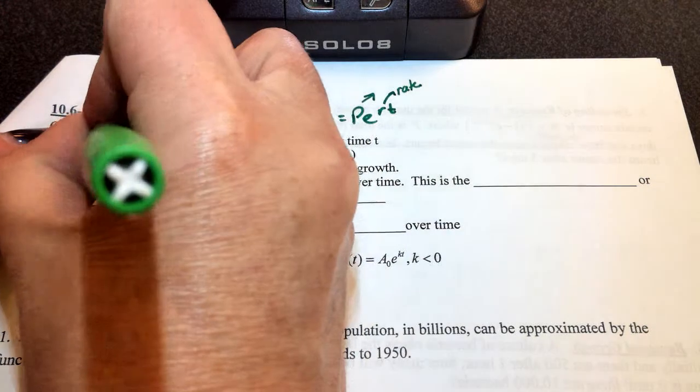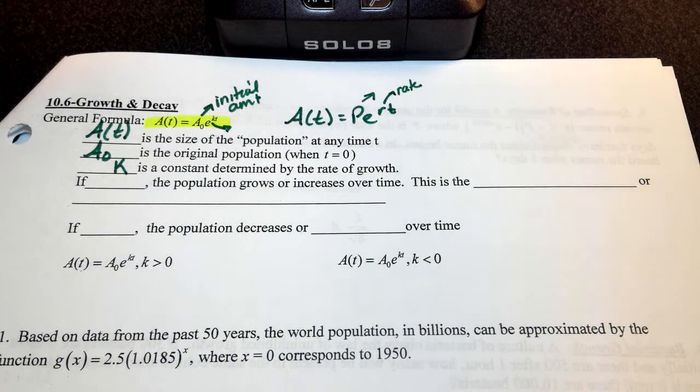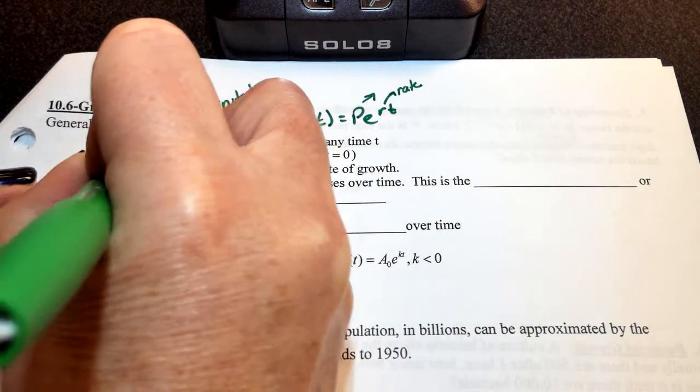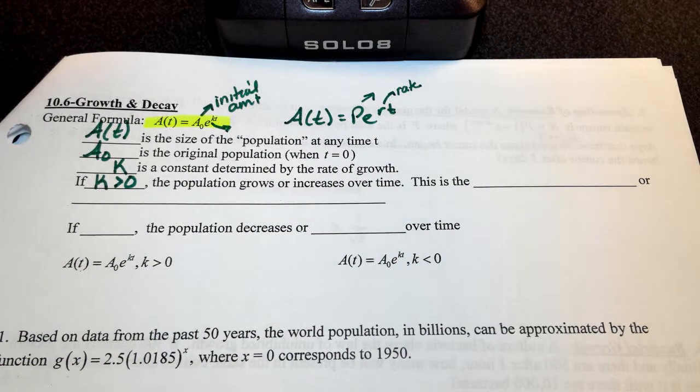And again, A of t is the size of the population at any time t. So this could apply for growth or decay. If your k value is greater than 0, the population grows or increases over time.